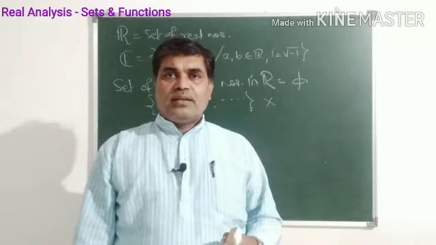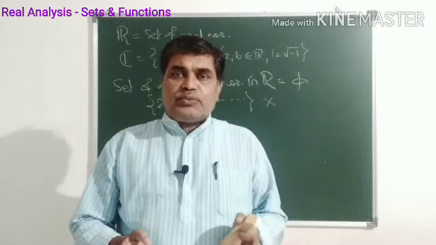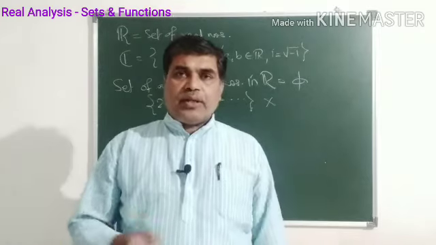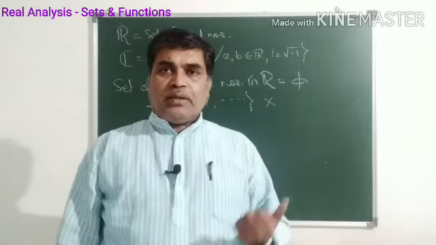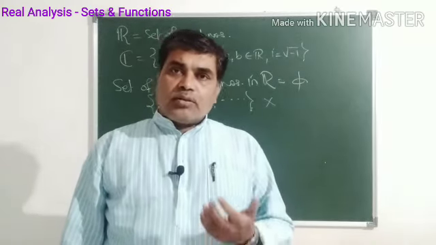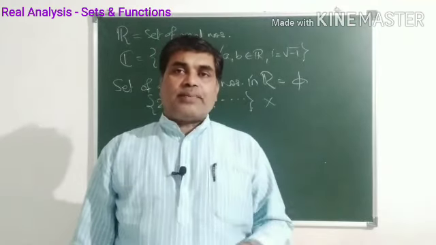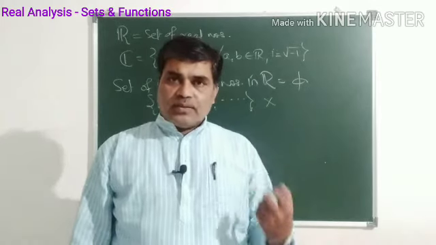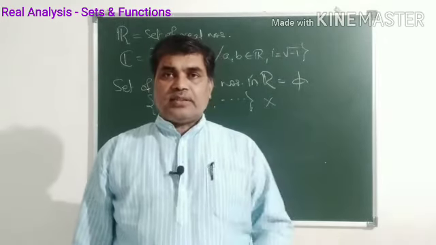A universal set is a set which contains all those subsets which you are taking for your study. So when I am talking about prime numbers, even numbers, odd numbers, or finding the greatest common divisor and least common multiple of numbers, then the universal set for these concepts is the set of integers.